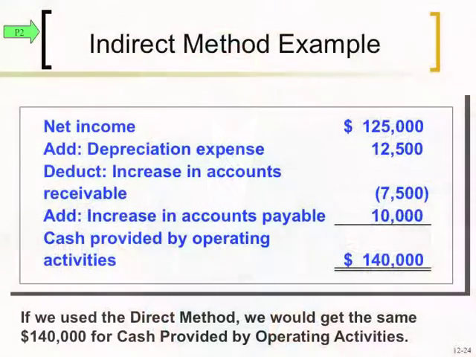We add those to net income, and the reason for that is that if accounts payable went up, that means that we're using not our cash, we're using our supplier's cash. Then finally, this would tell us that using the indirect method, cash provided by operating activities was $140,000.